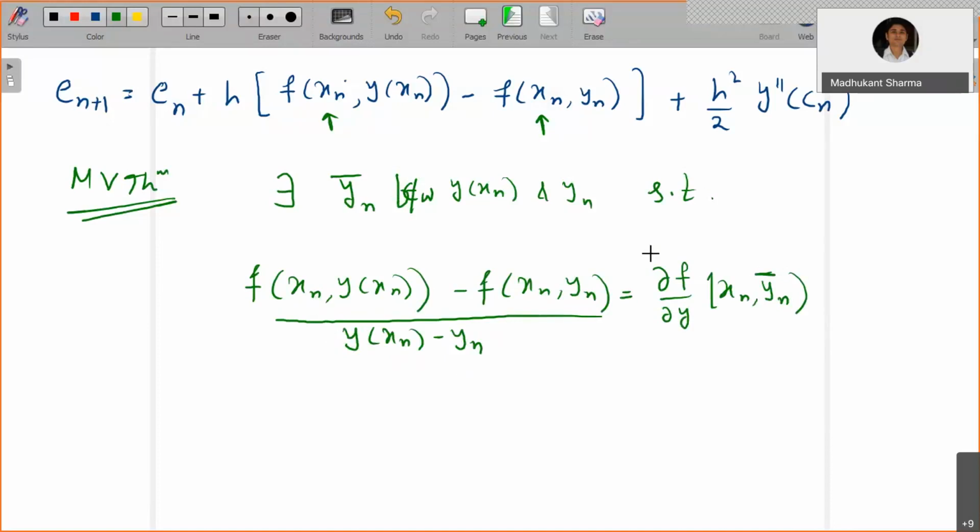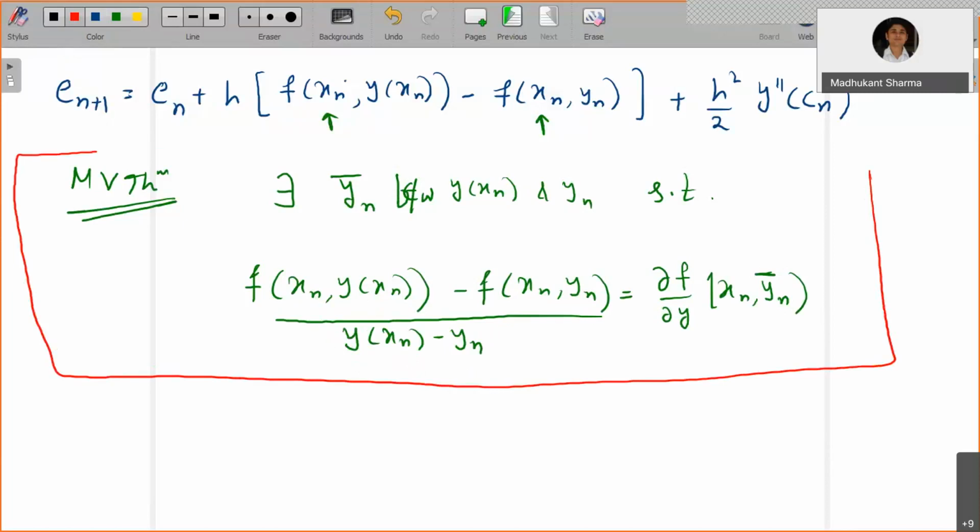So, by using the mean value theorem, what does it imply? We have assumed here that f is differentiable with respect to the second variable, or the partial derivative of f with respect to y exists and is continuous.